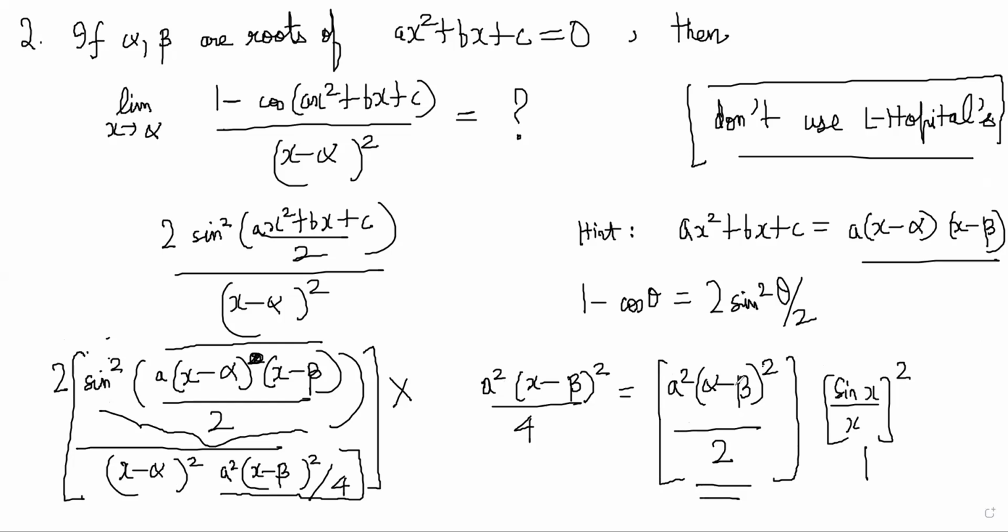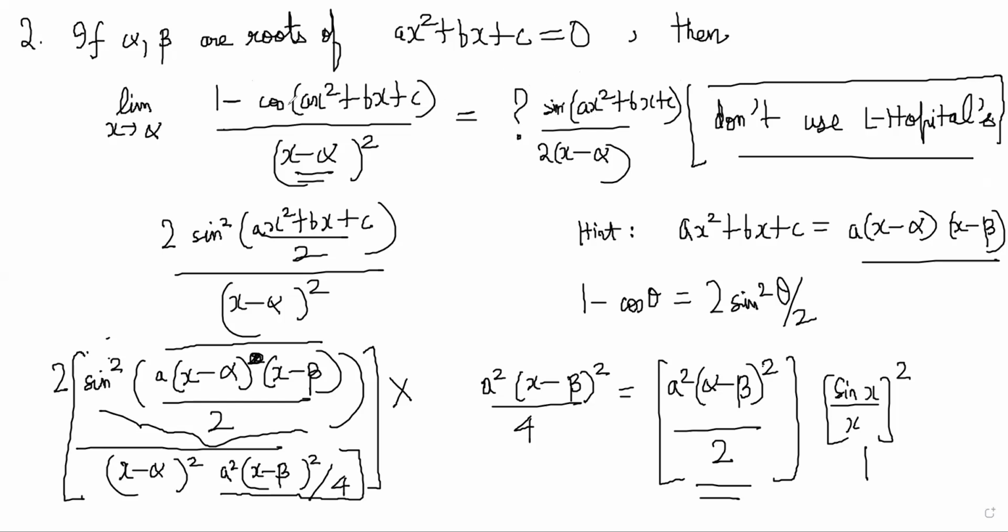If you try to actually differentiate, it will happen, but it will be still quite annoying. You'll have to do it 2 times. First time when you differentiate, x minus alpha will still be there. It will be sine of the quadratic by 2x minus alpha. And then next time again you have to do.